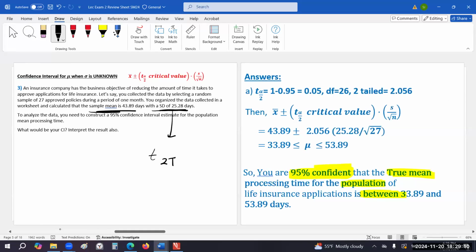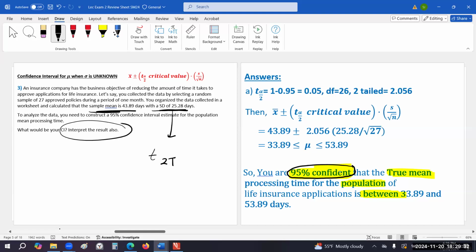And make sure you know how to interpret your table. When you interpret the table, there are three main things. One is your percentage. If they're asking you to construct a 90% confidence interval, it means you are 90% confident.